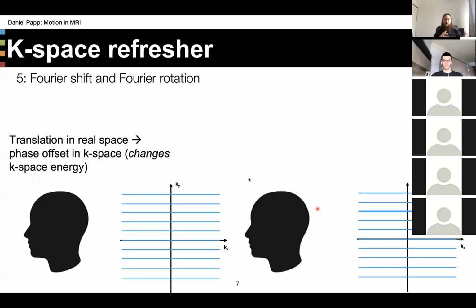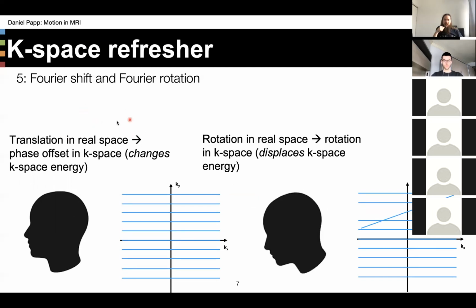It will either add or remove some phase to that k-space line. If you do the magnitude transformation, then the magnitude will change. Conversely, a rotation in real space is a rotation in k-space, which will displace this energy. So this was here, now it's here, it has been displaced.